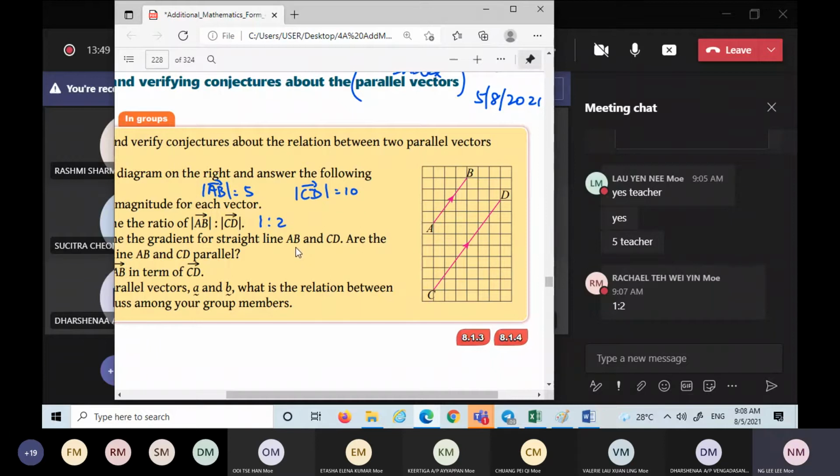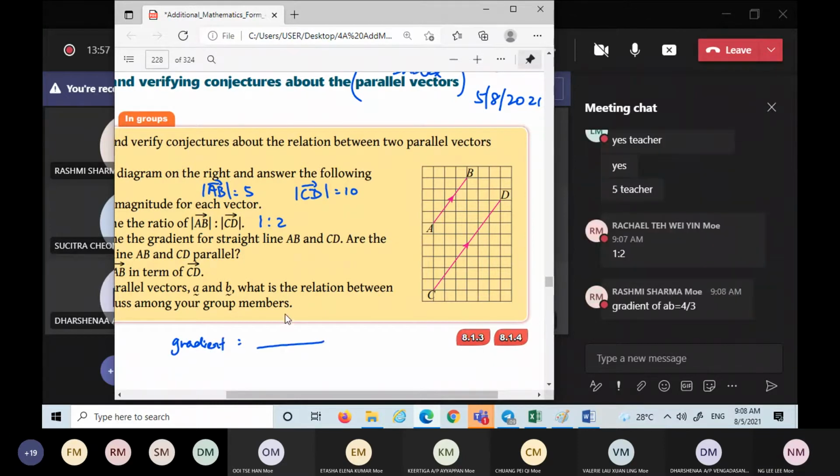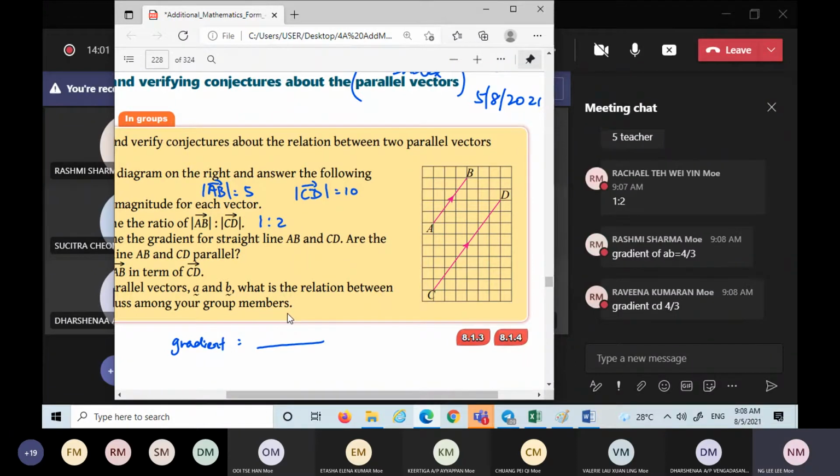Do you know how to find the gradient or not? This over this one is called what? This one and this one is the horizontal distance over vertical distance.